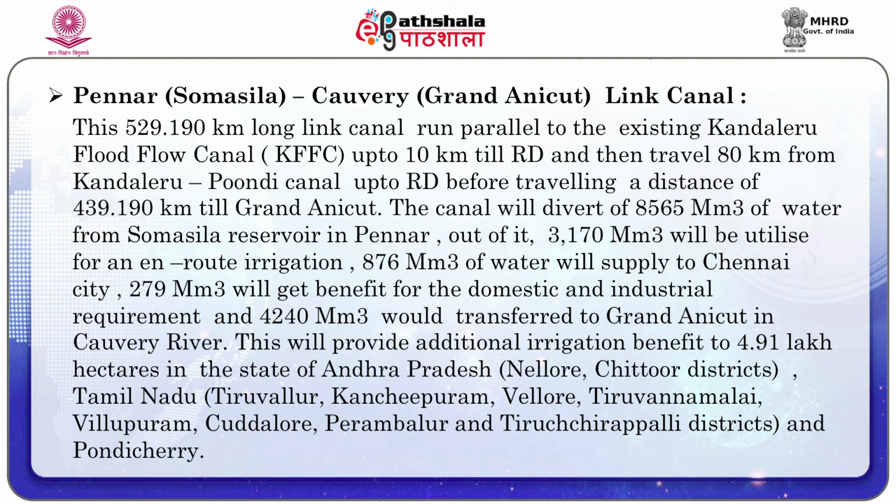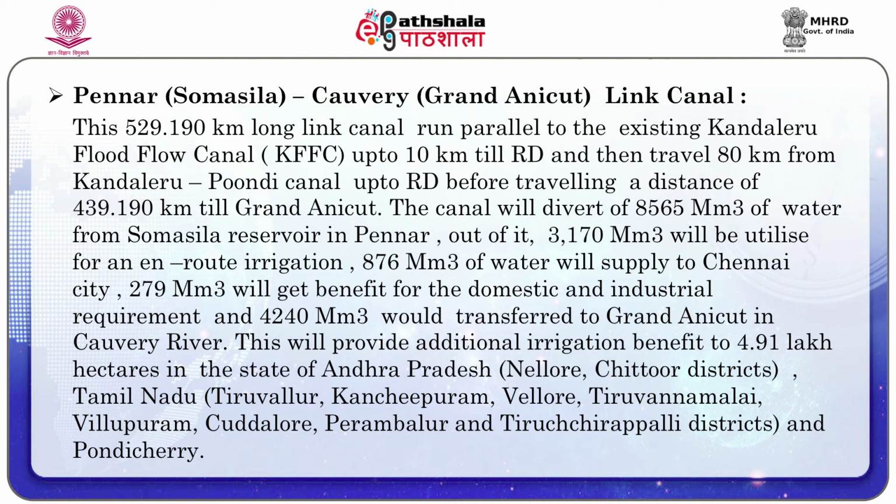Pennar Somasila Kaveri Grand Anicut link canal. The 529.190 km long Pennar Kaveri link canal runs parallel to the existing Kandaleru flood flow canal up to 10 km, then travels 80 km from Kandaleru to the Poondi canal, before travelling a distance of 439.190 km till Grand Anicut.